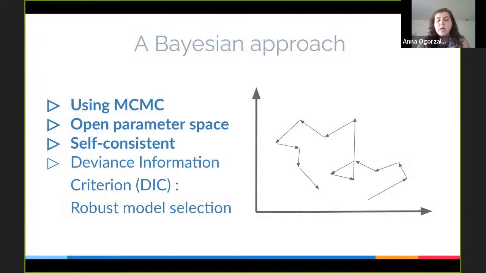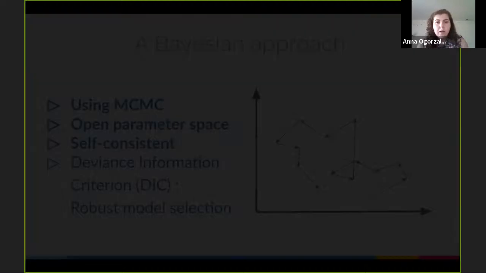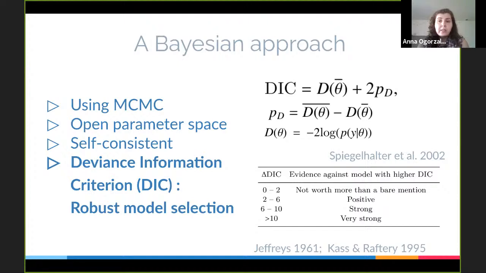and this is why we took a different approach, where instead of fixed grids, we used a Monte Carlo Markov chain process, where the Markov chain explores all of the parameter space as illustrated on the cartoon here. Second key feature of this approach is that it provides us with a robust framework for comparing and choosing between different physical models by utilizing the deviance information criterion, or DIC for short.